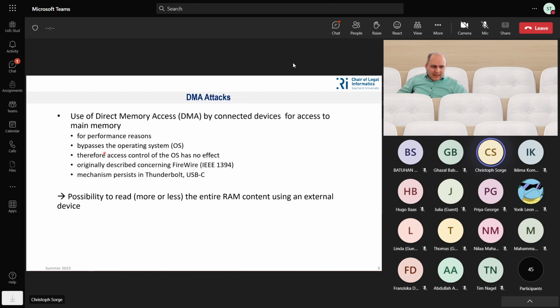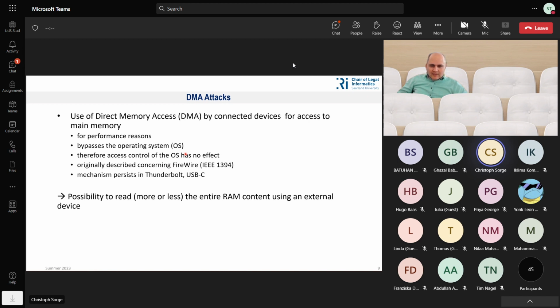Therefore, per se, we will learn about a mechanism that helps with that, but per se, the access control of the operating system doesn't have an effect. So originally, that meant for systems susceptible to a DMA attack, that you could just plug in something via FireWire, or nowadays Thunderbolt or USB-C, and automatically directly access the main memory content.